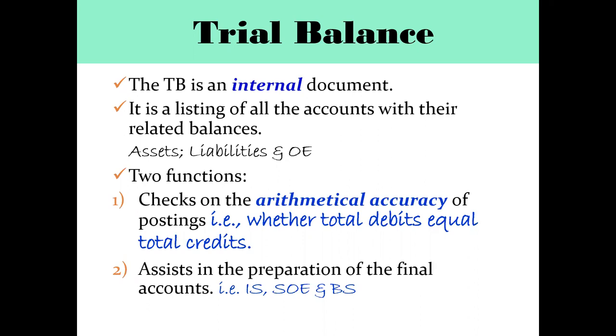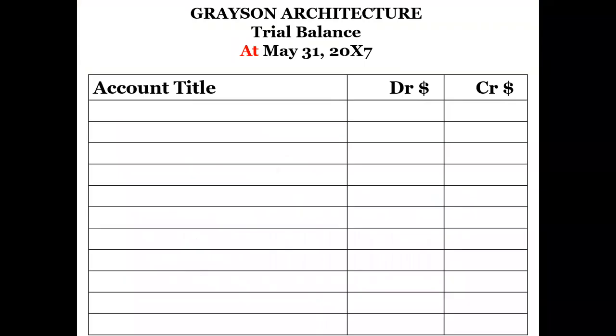That's the order in which we go. All right? So let's have a go at it. Grace and Architecture, trial balance at May 31. So we're going to list all the accounts.